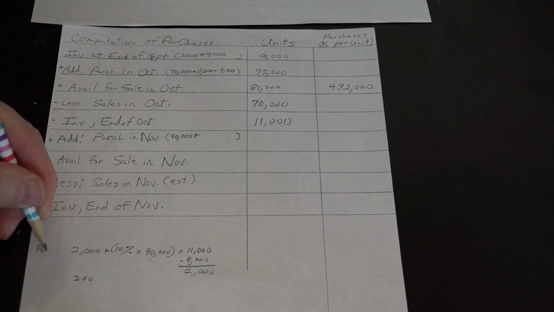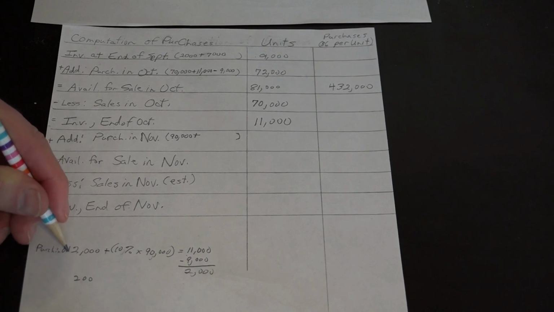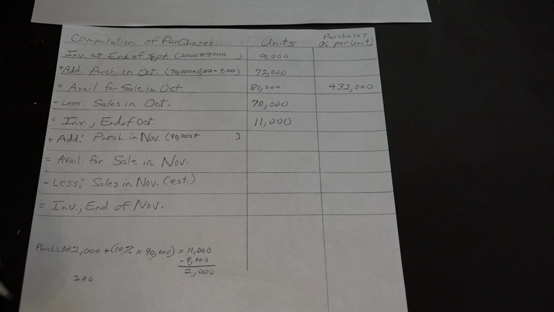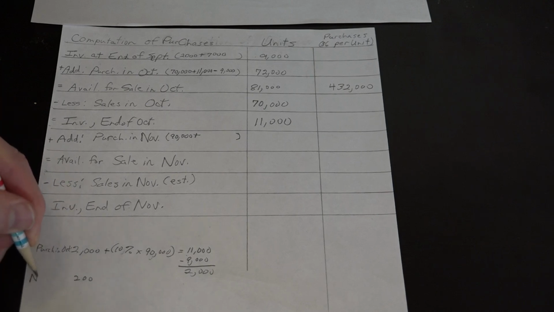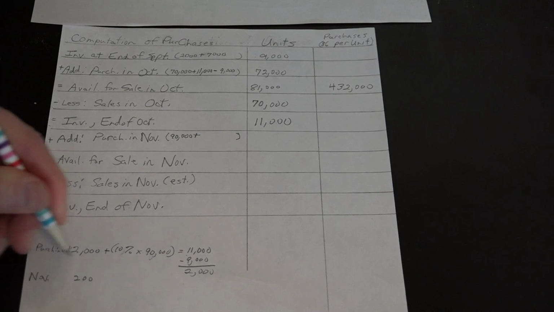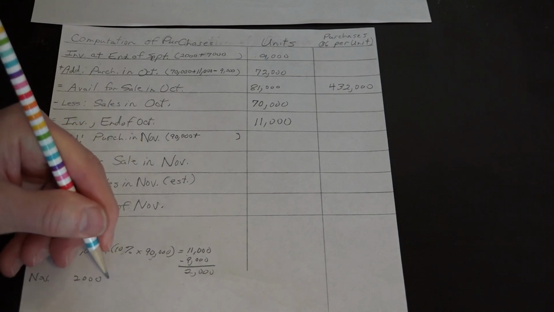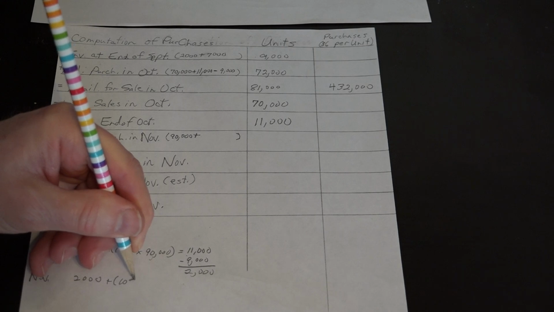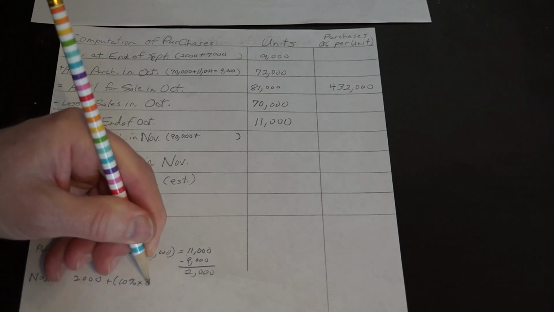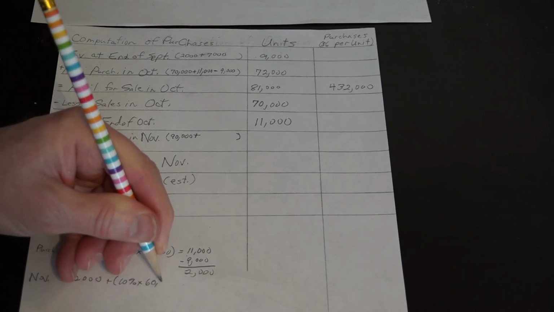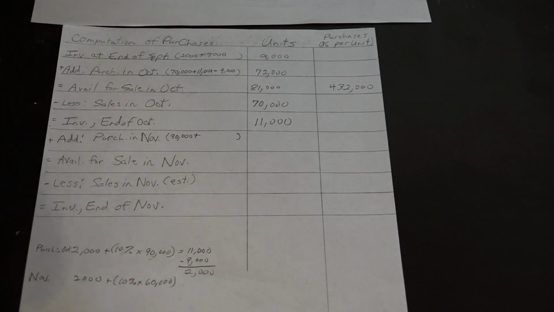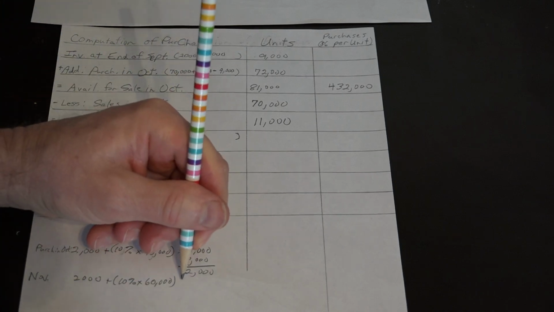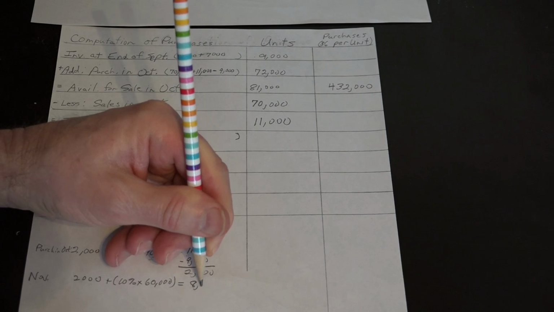Purchases in October, that was added. In November, it's 2,000 units plus 10% times 60,000. So that equals 8,000.